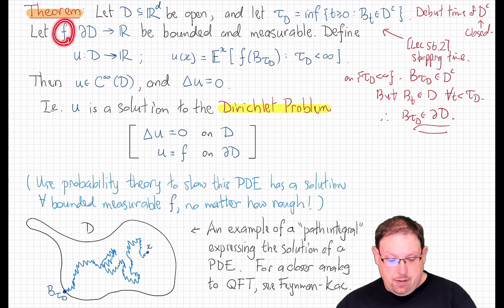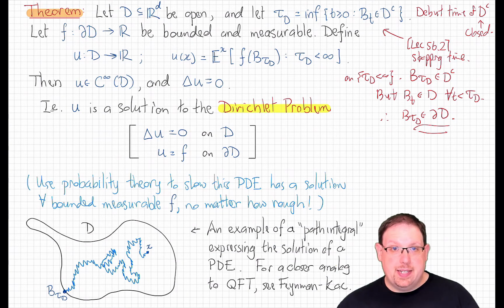Let f be any bounded measurable function defined on the boundary of D. And measurable here can mean just Lebesgue measurable for this subset of R^d. Of course, the boundary of an open set can be very complicated, so there might not be too many measurable functions, but we will usually restrict our attention to the case where both D and its boundary are pretty nice sets. Now define a function u on the open set D as follows.